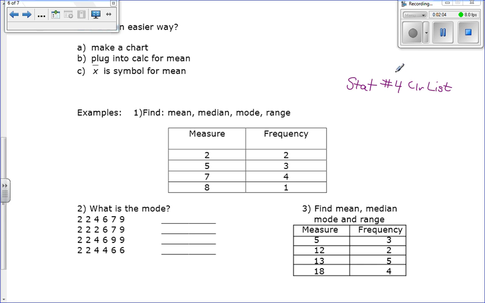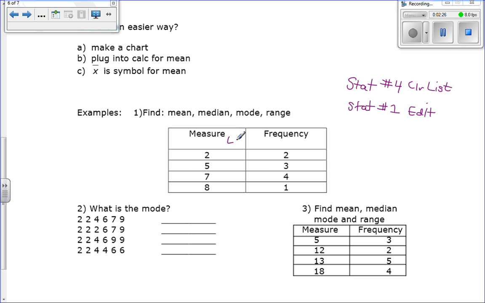But after you do that, then you need to go back to stat, and we're going to do number 1, which is edit. And that's when you enter all your information into the calculator.